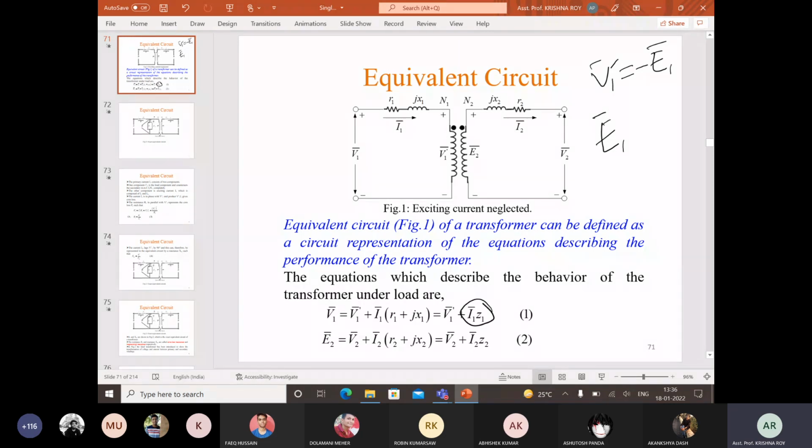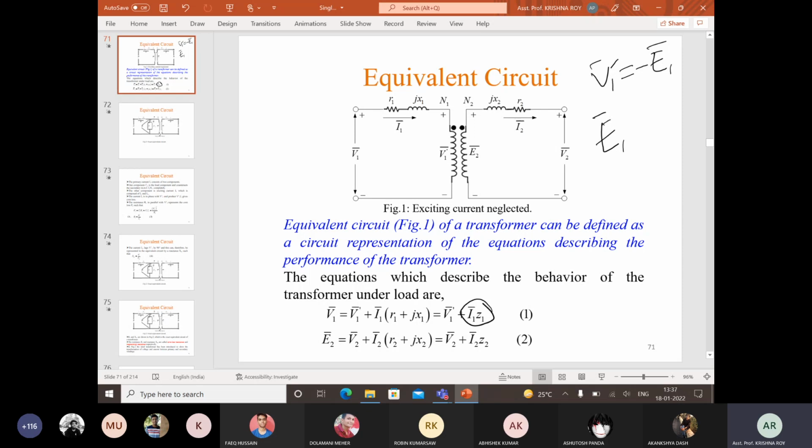This induced EMF will be in such a direction that it will oppose the cause which is producing it. So here we can consider that V1 is in the opposite direction to that of E1, as per Lenz's law.